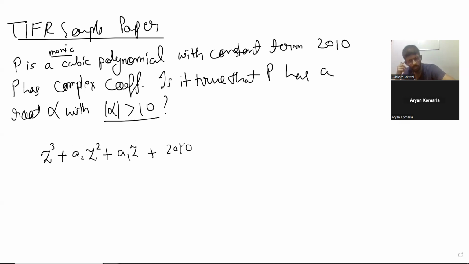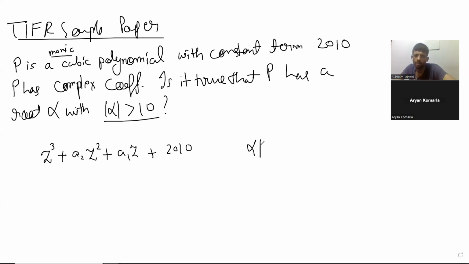So we can use that the product of roots is minus 2010. And that is the only thing that is given. Nothing else is given, so the other coefficients are completely arbitrary. Then we're done.